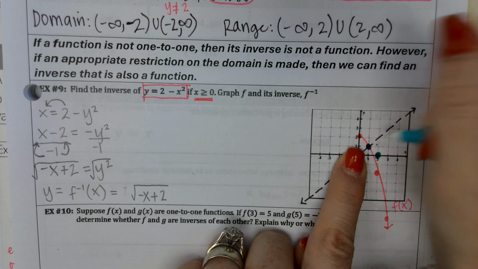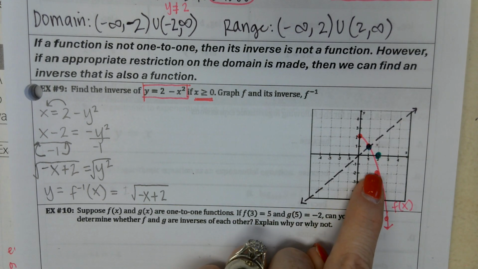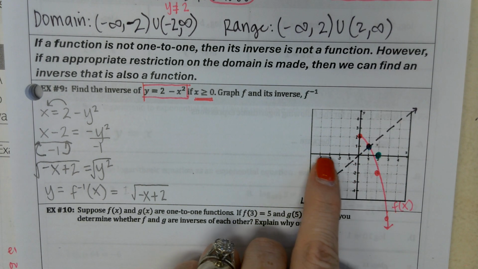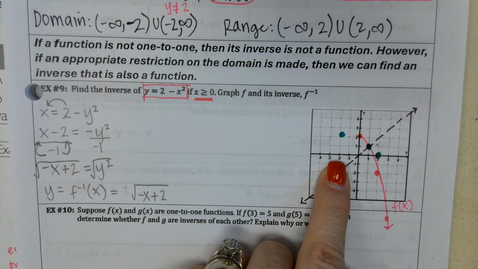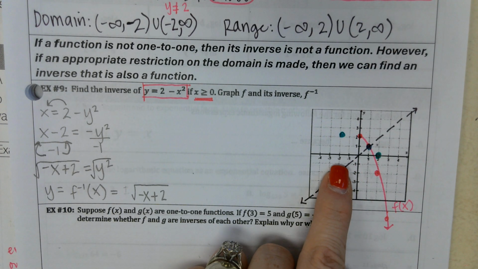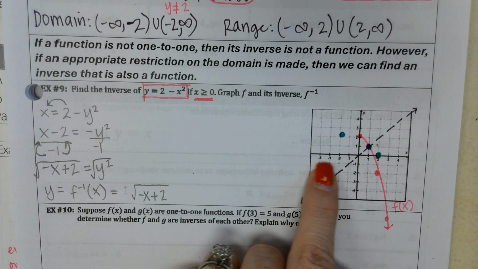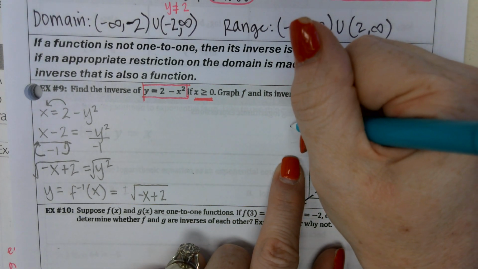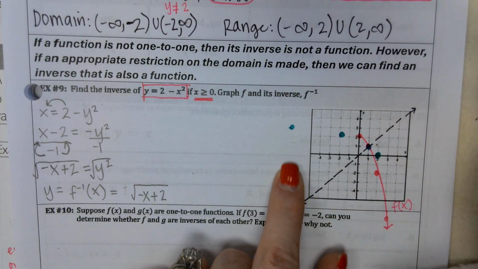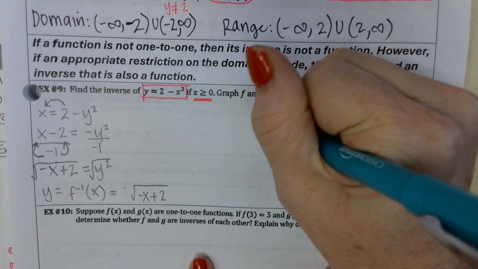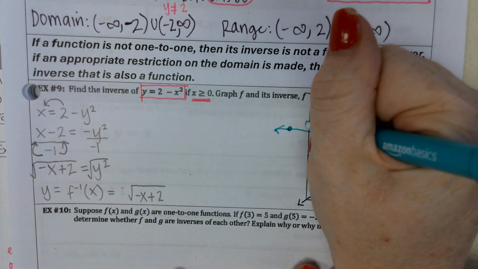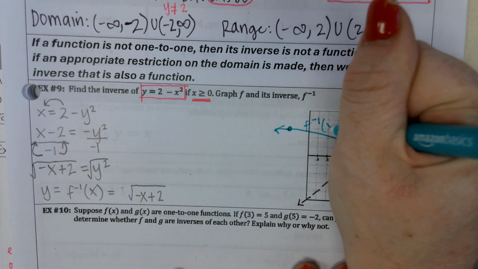That's going to be the same. Then I had 2, -2. So that's going to be -2, 2. And then it was what? 3, -7? So -7, 3. Somewhere up here. This is graph f inverse of x.